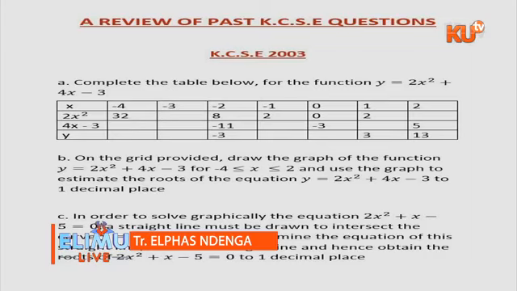Some are filled for you: 32 under -4, 8 under -2, then 2, 0, 2. We have -11, -3, 3, 13, and 5. So we are told to fill in the table.